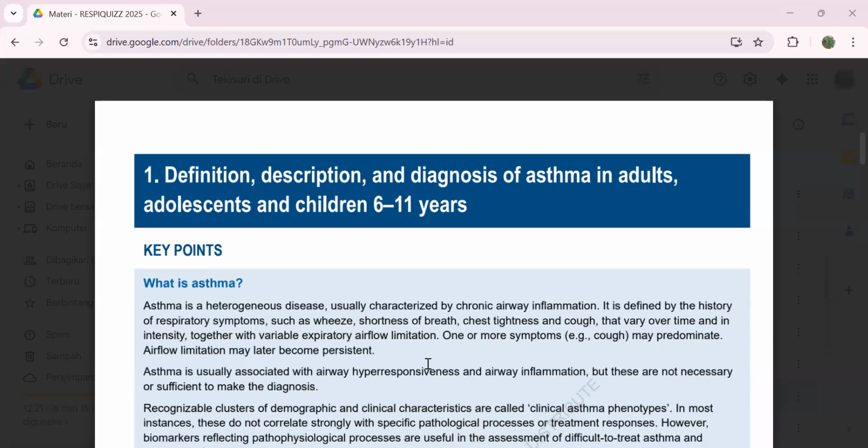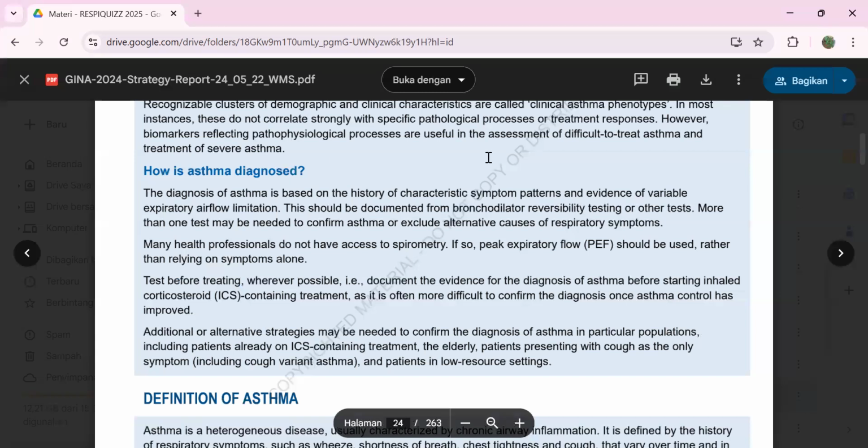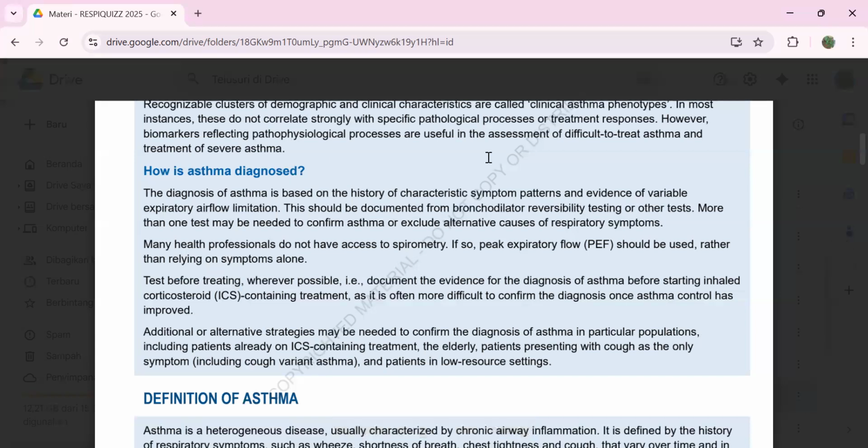Recognizable clusters of demographic and clinical characteristics are called clinical asthma phenotypes. In most instances, these do not correlate strongly with specific pathological processes or treatment response. However, biomarkers reflecting pathophysiological processes are useful in the assessment of difficult-to-treat asthma and treatment of severe asthma.